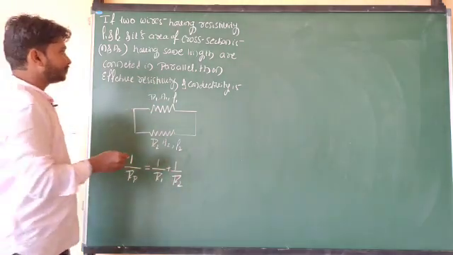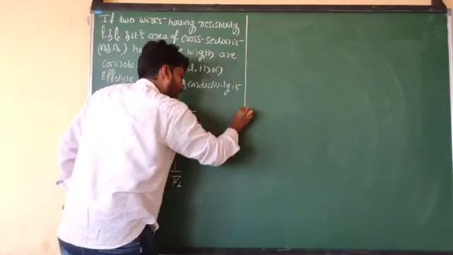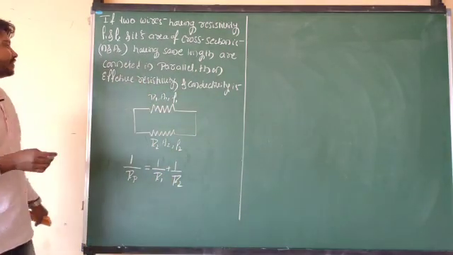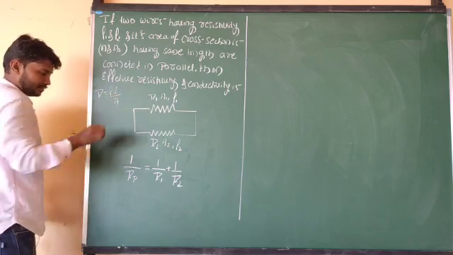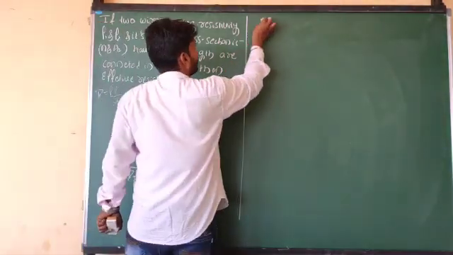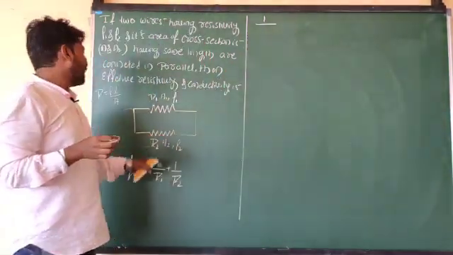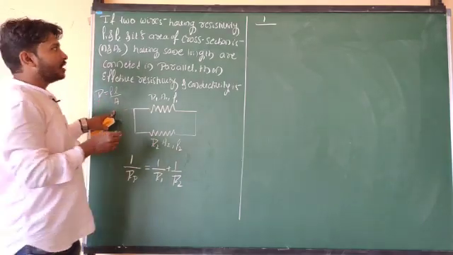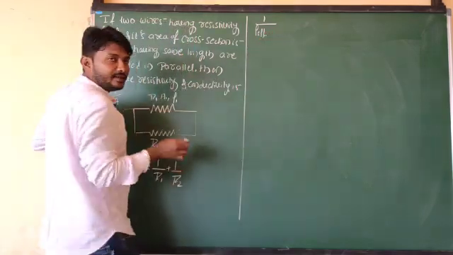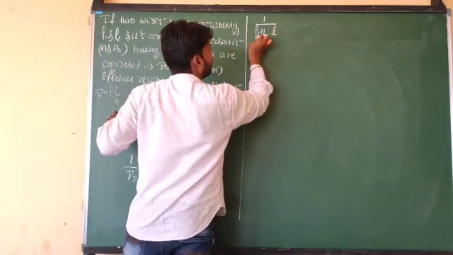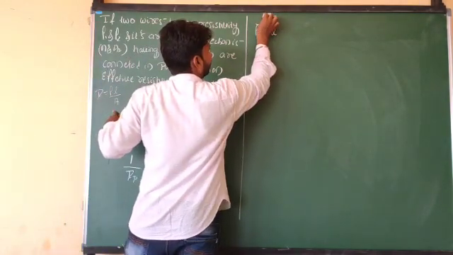Look at here, I know the connecting formula between resistance and resistivity, R is equal to rho L by A. So let me write that same formula here: 1 divided by, wherever R is there, rho L by A. So rho means effective resistivity, length is same, divided by total area, A1 plus A2.